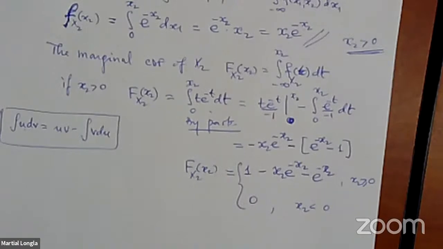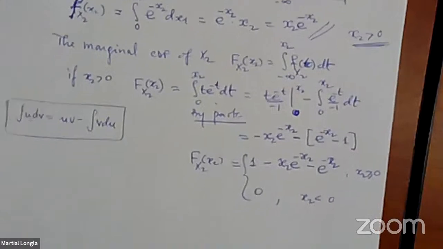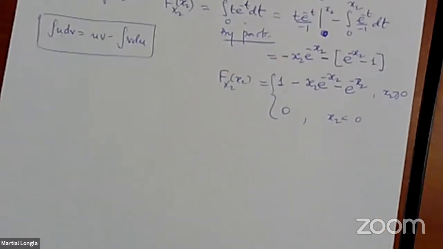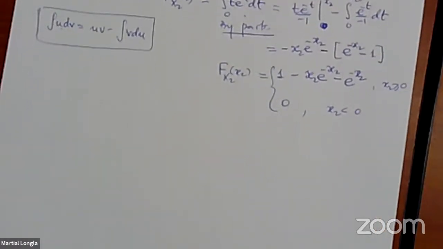So this is how you would use a joint distribution to find the marginal CDFs of x1 and x2. And the next thing is how to find the conditional distribution, which is like what we were doing at the beginning, but for discrete random variables. Here, if we have a continuous random variable, how do we find the conditional distribution?